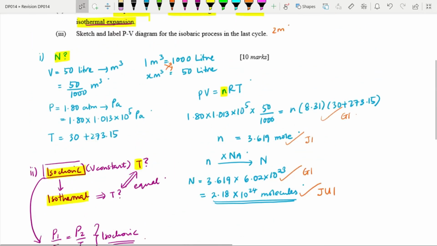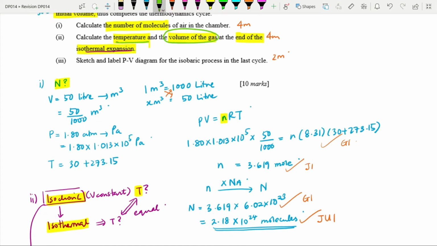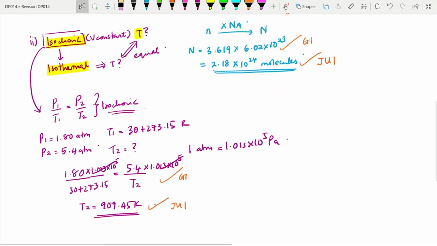Tapi soalan yang sama dia bukan hanya minta temperature, dia minta juga kita cari volume of the gas at the end of isothermal. Untuk volume, isochoric volume constant.